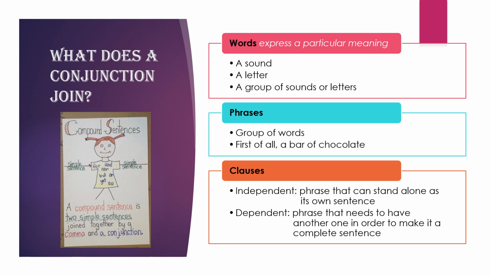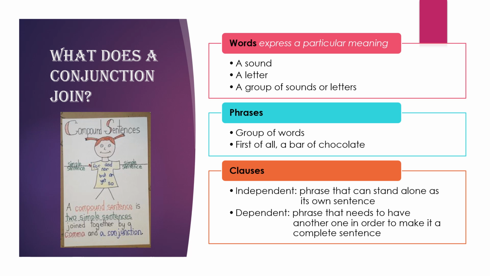A compound sentence has two simple sentences joined together by a comma, if we are using a part of speech only, and then they may also use a conjunction along with a comma. So conjunctions are words that join two simple sentences together so as to make a compound sentence.